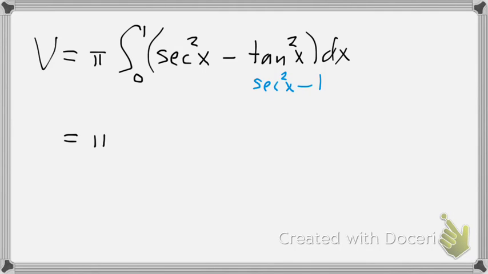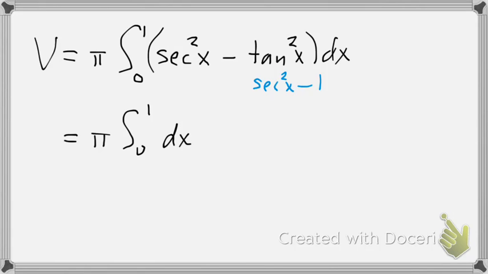All right, so we got pi, integral from 0 to 1. Now, there's a negative that was in front of this, right? So that winds up being one.